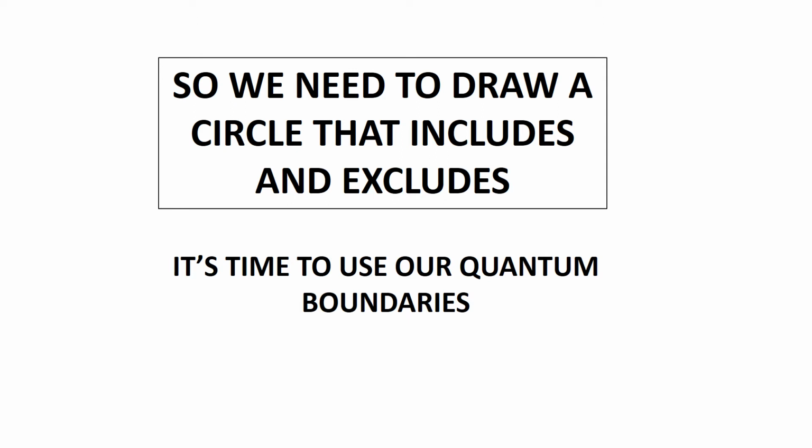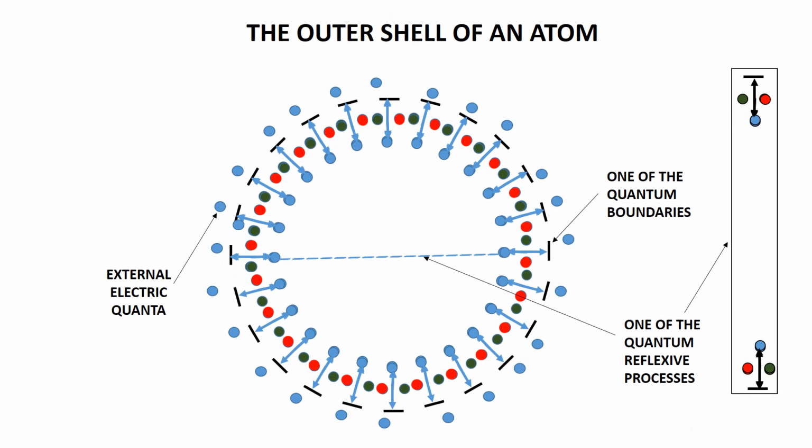It's time to use our quantum boundaries. We can arrange the quantum boundaries of many quantum reflexive processes to form a circular spherical boundary. As this happens, all the participating interfunctional properties take on the same form.